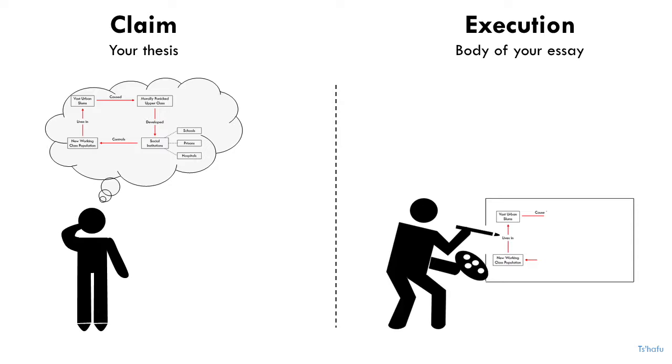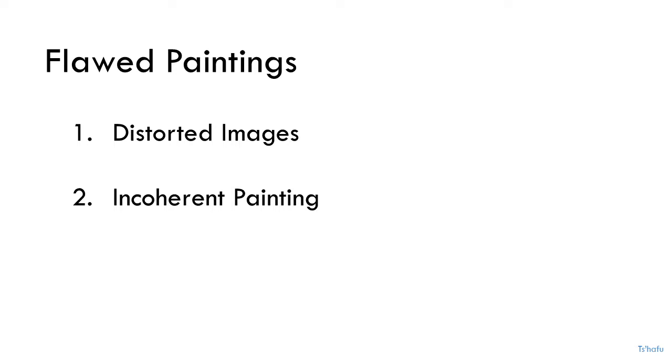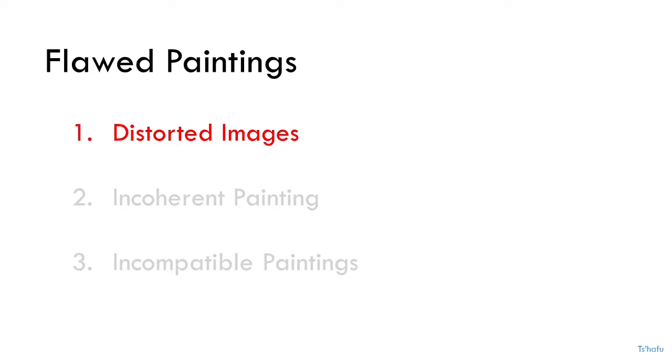So let's just assume for now that the thesis is clear and we're just focusing on the execution, the actual act of painting. Let's think through the kinds of problems that may occur. In fact, I call those a flawed painting. And there are three types: first, the distorted images; second, the incoherent painting; and third, the incompatible paintings. Let's start with the first and see what that is.